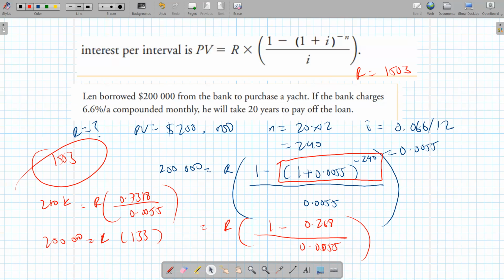No. So how much did he actually pay to the bank? He pays R every month for 20 years, right? Plug that in. That's $360,220. And now subtract the amount that he actually borrowed from the bank.